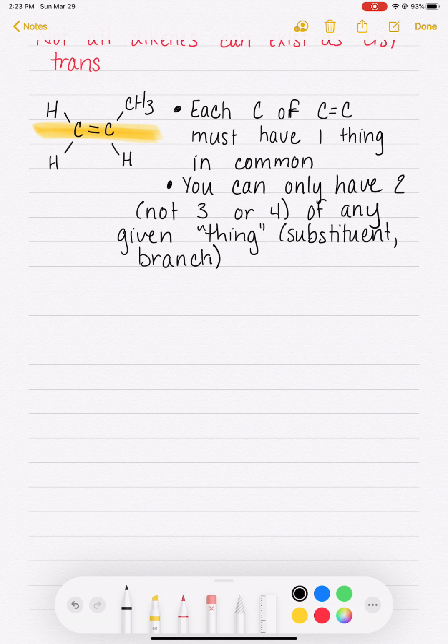Let's look at another example where we can't use cis or trans. So first we're going to draw the line of our double bond, and let's start with hydrogen.